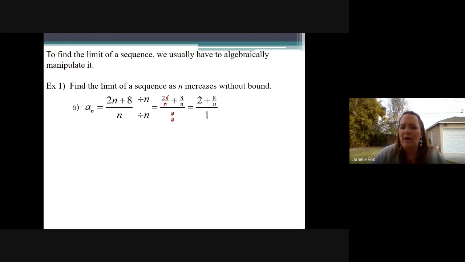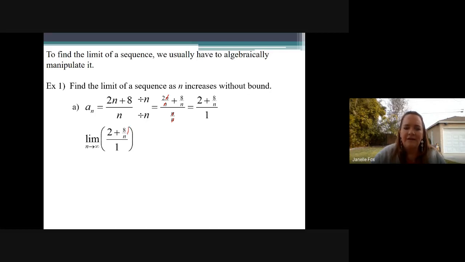Now, let's think about this as n approaches infinity. What is going to happen? So we're going to use the proper notation. Guys, we have talked about multiple times that proper notation is very important, and so we're going to get used to it, okay? So this says the limit as n approaches infinity of our quantity, which is 2 plus 8 over n, over 1.